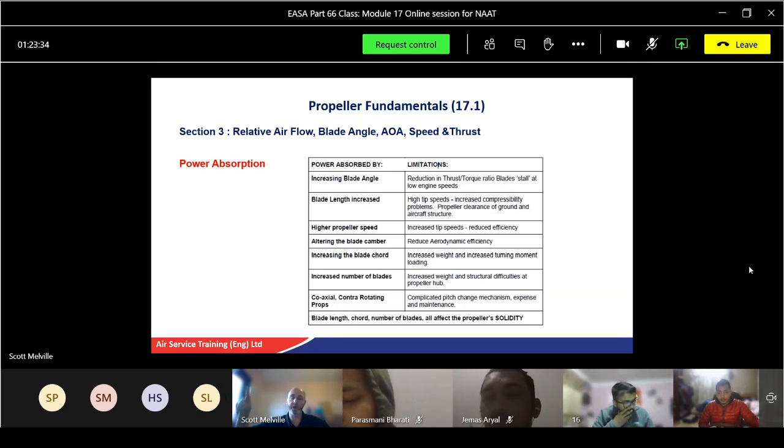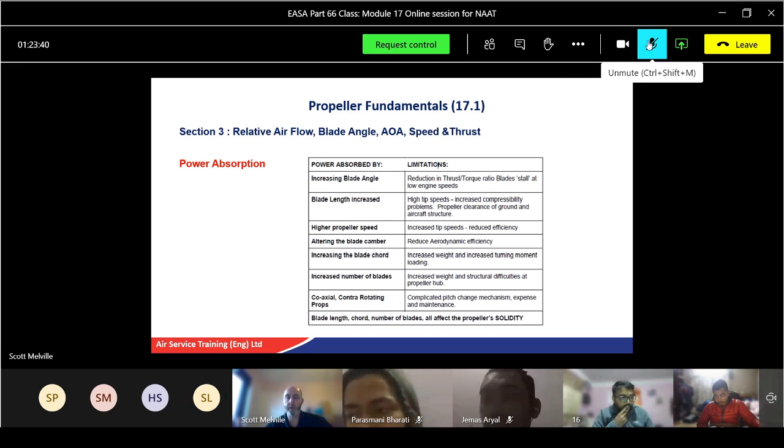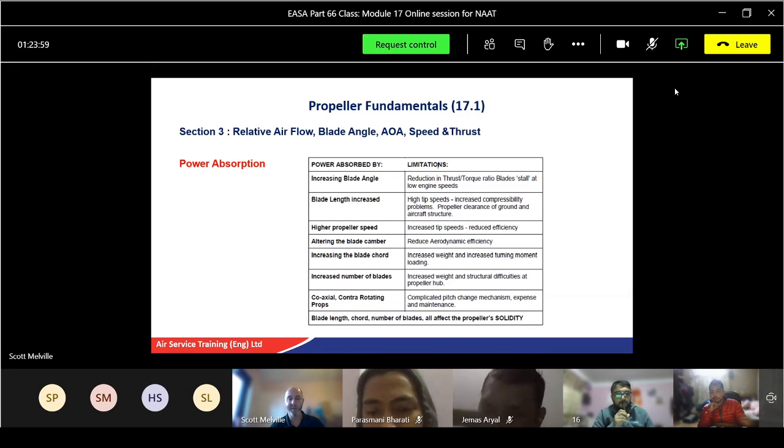So if the RPM is constant, just ticking over, but I increase the angle of attack of the blade angle, what could happen? Stall, yeah, it could potentially stall. If you increase it to such a point past 15 degrees, that could stall. Also, the blade going from fine to very coarse puts a lot of pressure and could potentially put too much torque in the engine and damage the engine. Good.